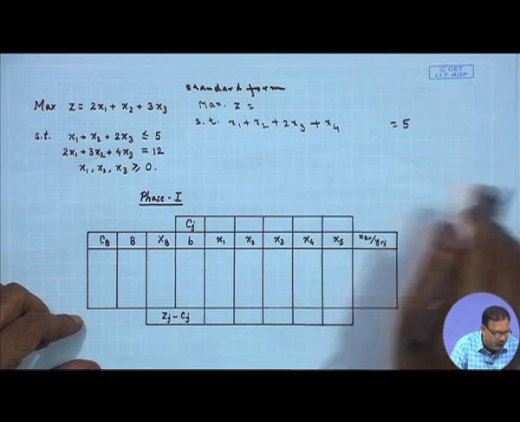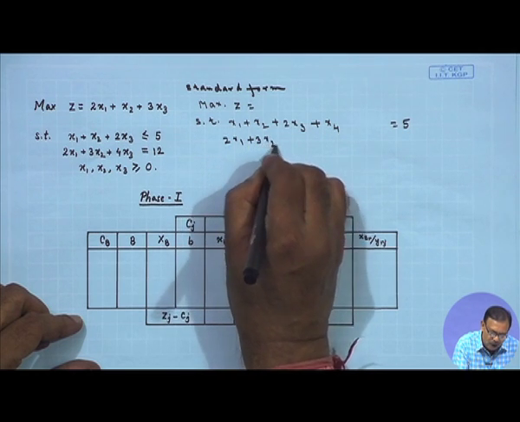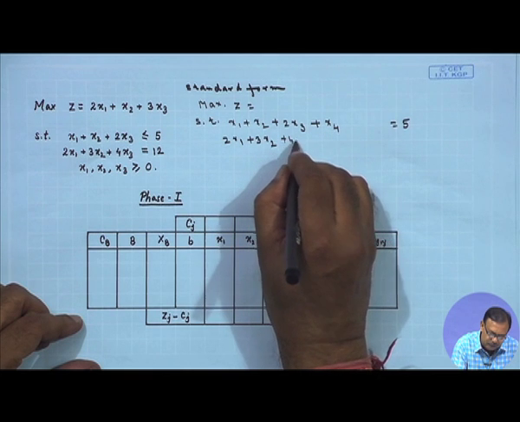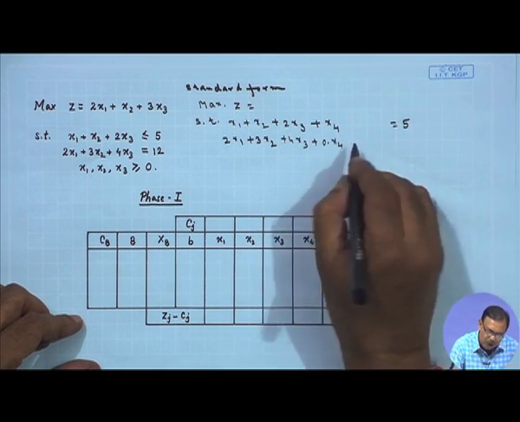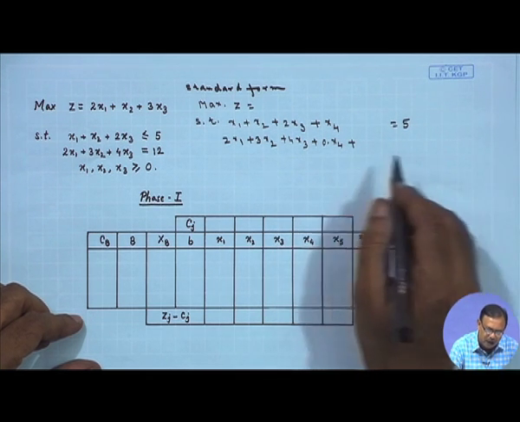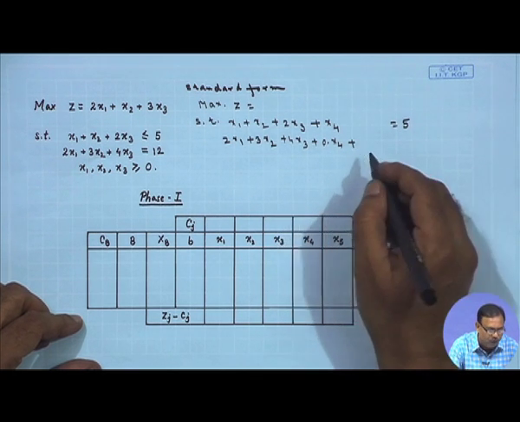Whereas 2x1 plus 3x2 plus 4x3 plus 0 into x4. To get the initial basic feasible solution, as we have discussed earlier, you have to add one artificial variable over here.